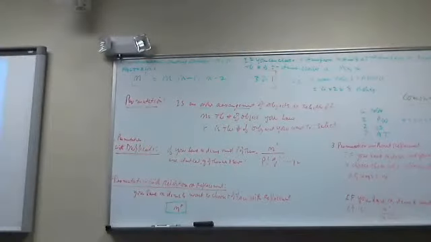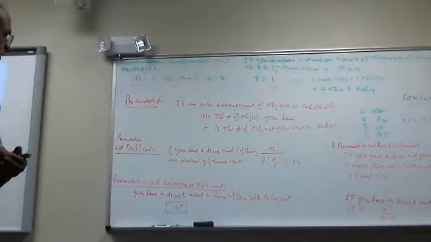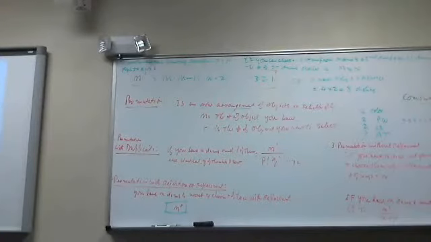So let me give you an example. If you are asked this question here, how many ways can you choose a two-digit number from the set of natural numbers less than 5?